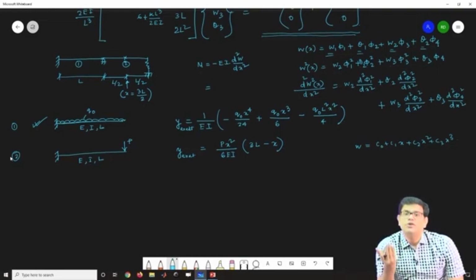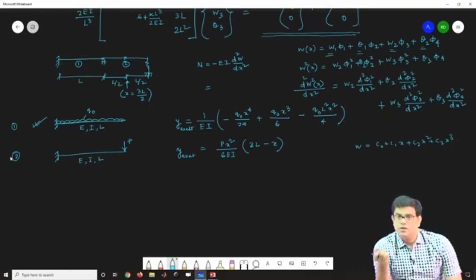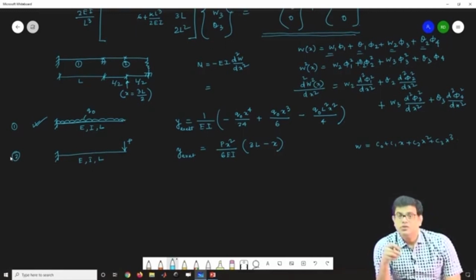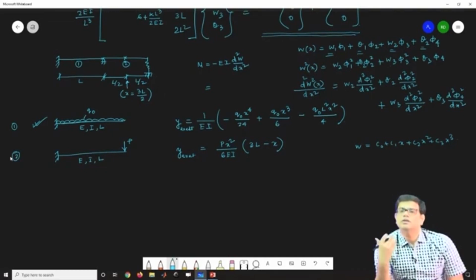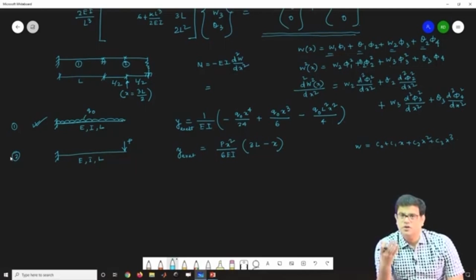Now the approximate solution will mostly behave in a stiffer way. What do we mean by stiffer? That means the displacement we get from the finite element solution will be on the lower side. That's why in a design problem, the finite element solution is useful, since it gives you the stiffer solution.